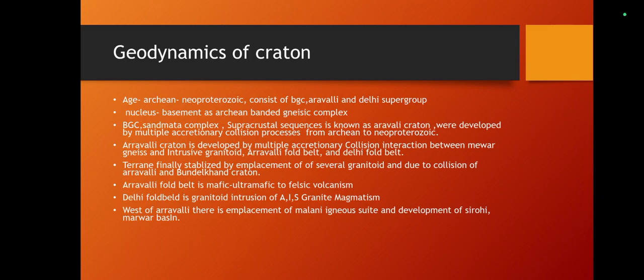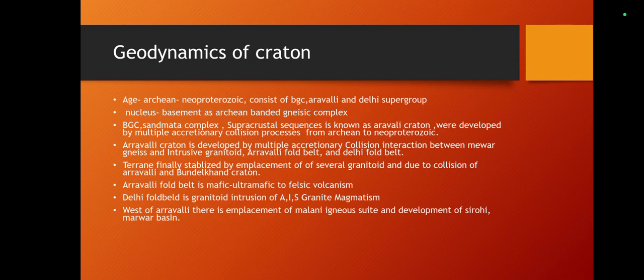That is, BGC, Sandmata, and supracrustal combined are called the Arravalli craton, and all these three were developed by multiple accretionary collision processes from Archean to Neoproterozoic. So I will explain what the multiple accretionary collision process was which happened during the formation of the Arravalli craton.